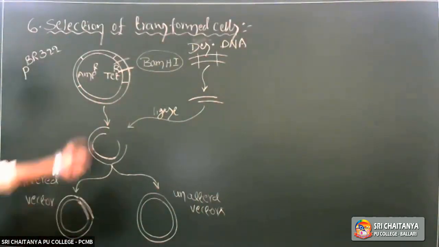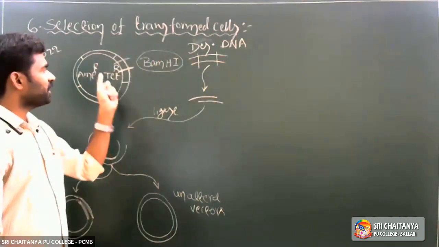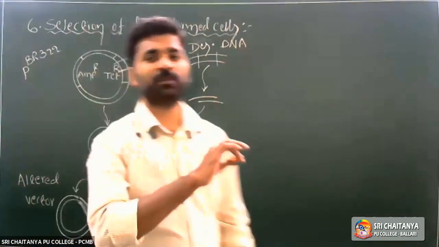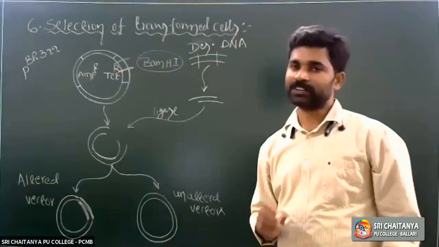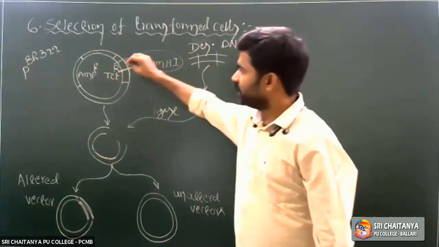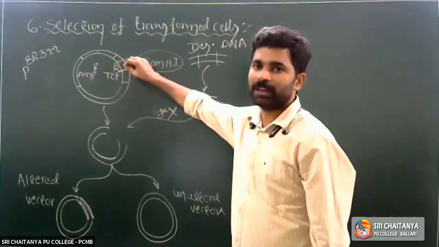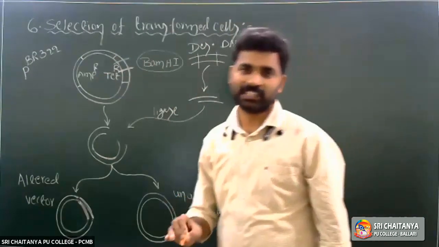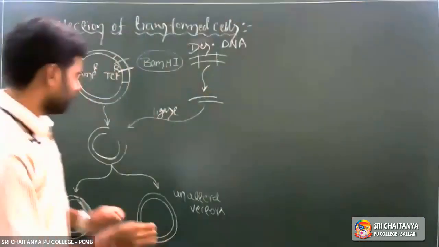See, whenever foreign genetic material is inserted at the place of BamHI, the tetracycline resistance gene is completely inactivated. Is it clear? Whenever desirable genetic material is inserted at the BamHI sequence, the tetracycline resistance gene is inactivated.